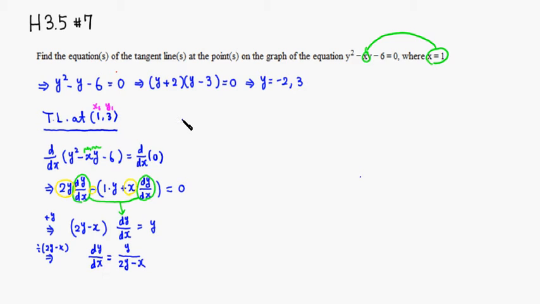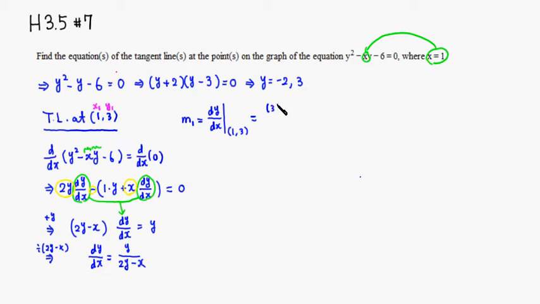Now we can find the slope. For the tangent line here I'm going to call it M1, because there are going to be two tangent lines. M1 is found by taking the derivative and evaluating it at (1, 3), where x is 1 and y is 3.